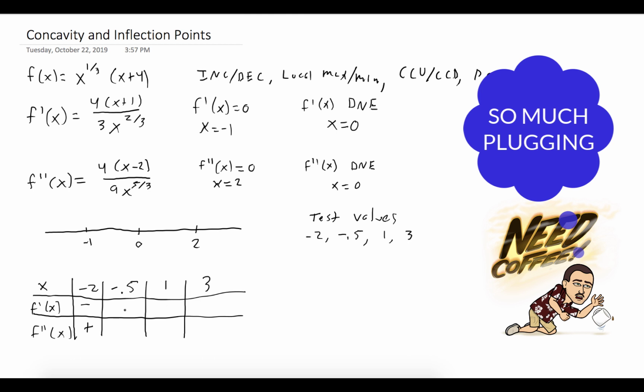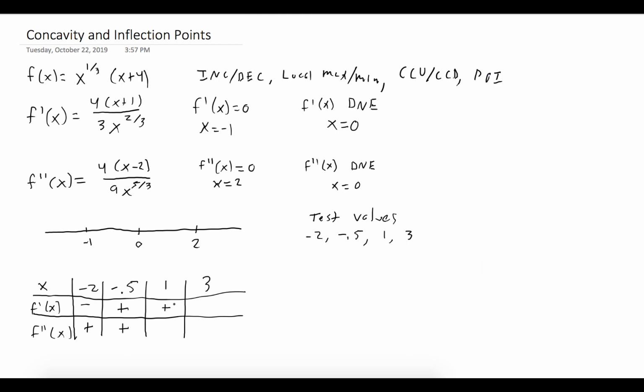So if we plug in -0.5, we get a positive over a positive, which is a positive, a negative over a negative, which is a positive. Plug in 1, positive over a positive is a positive, a negative over a positive is a negative. And when we plug in 3, we got a positive over a positive, which is a positive, and a positive over a positive, which is a positive.